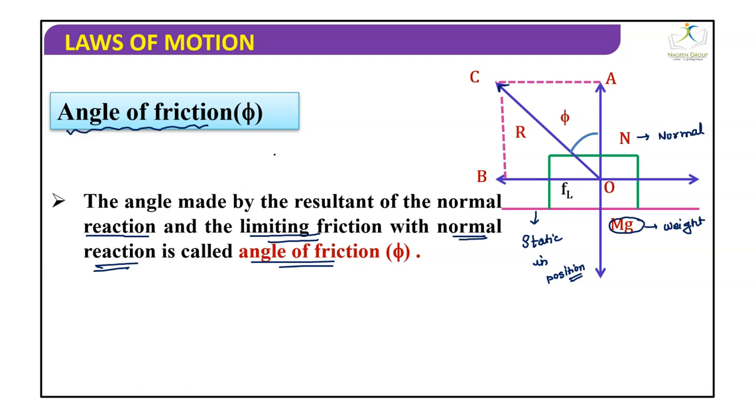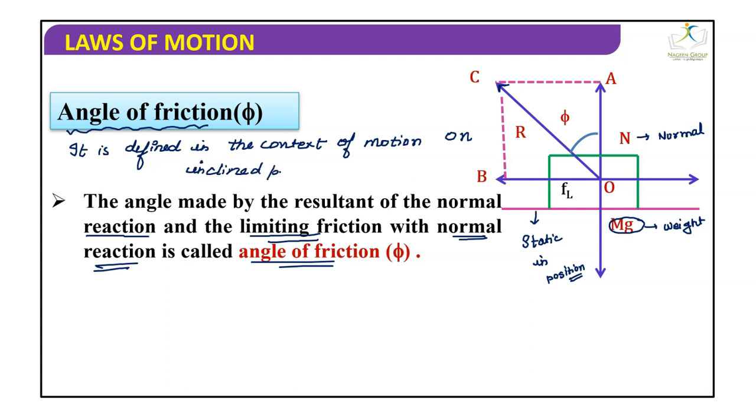It is defined in the context of motion on an inclined plane, meaning it defines the parameters of motion on an inclined plane, like how much the box or system is deviated.